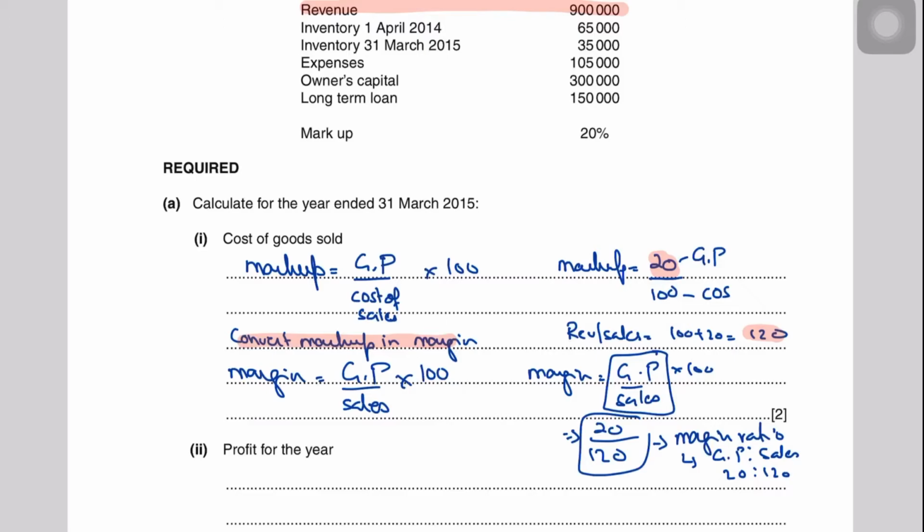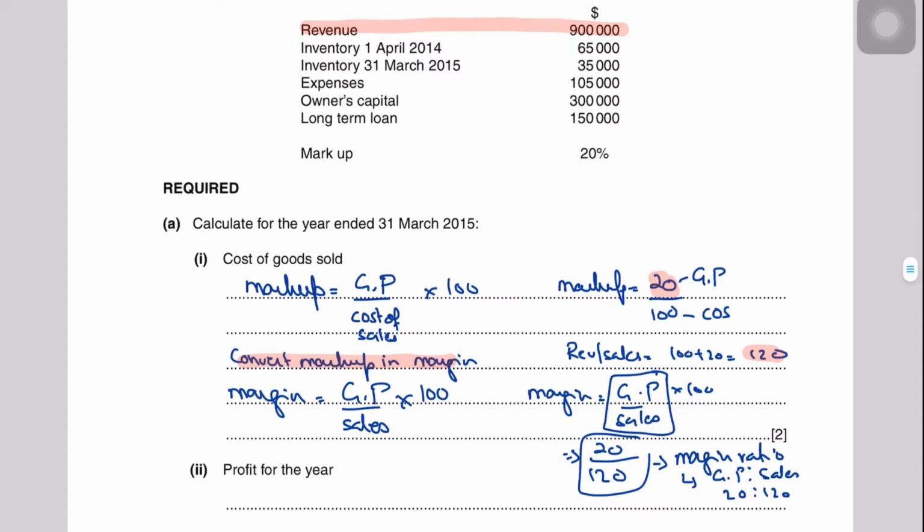So now you will apply this ratio and multiply it with the revenue. The gross profit ratio, 20 divided by 120, is the margin ratio, and you will multiply it by the revenue which you have earned, that is 900,000. If you do that, 20 divided by 120 into 900,000 would give you 150,000 as your gross profit.